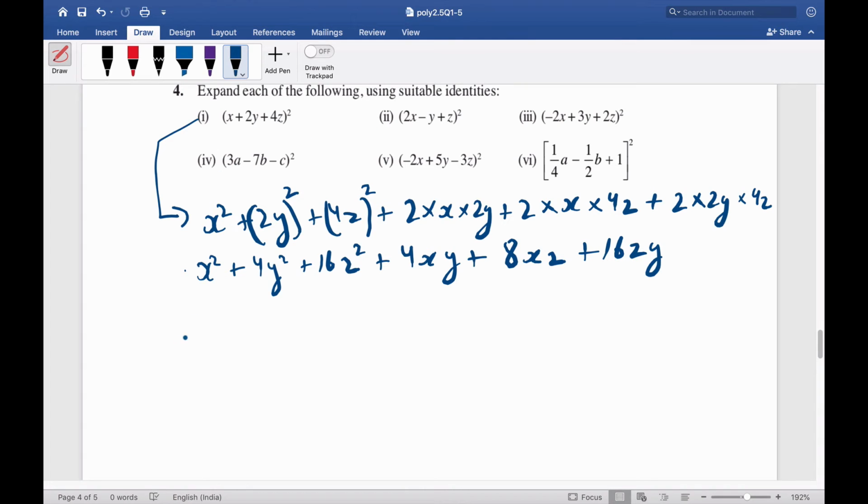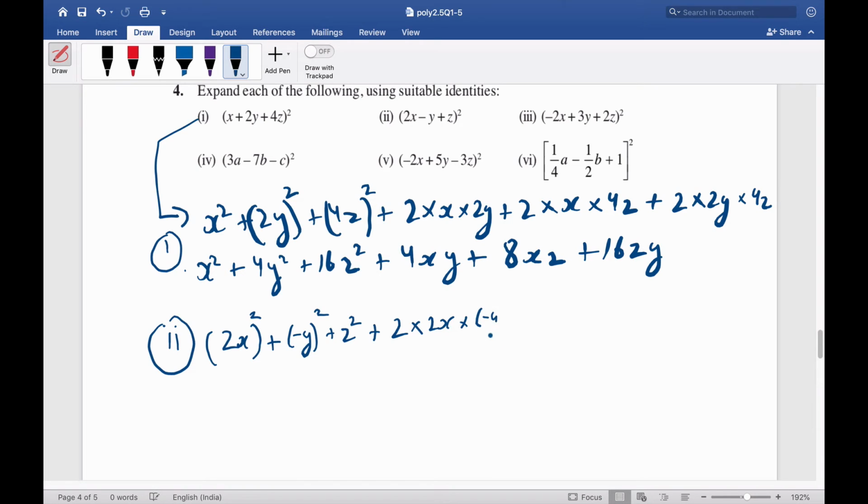Now coming to the second part, this is first. So second part, again the same identity we can use. So I will get 2x whole square plus minus y whole square plus z square plus 2 into 2x into minus y plus 2 into 2x into z plus 2 into minus y into z.